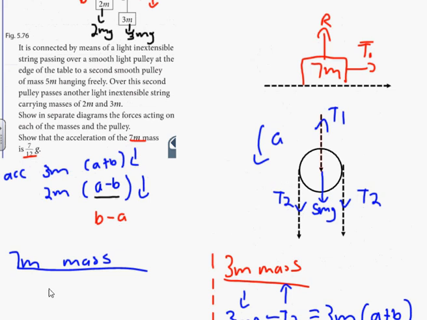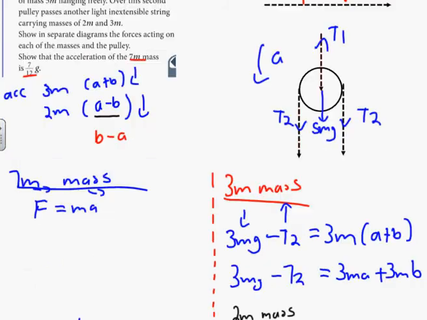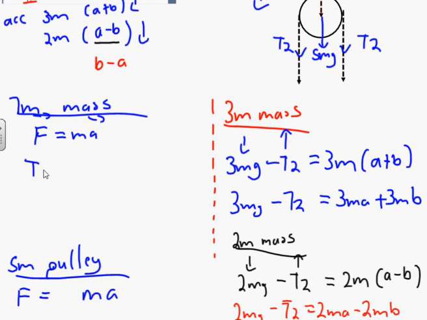F equals ma. It's definitely going to the right. So the only force pulling it is the tension. So T1. Oh, sorry, just T, is it? No, T1. T1 equals 7ma. So that's pretty easy. That's a good substitute for T1 there.